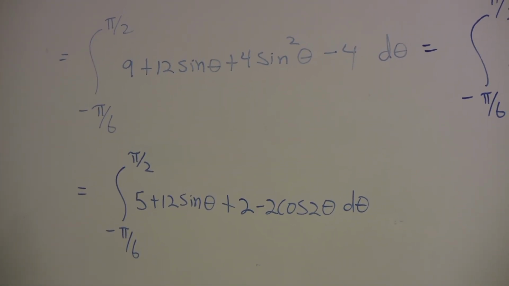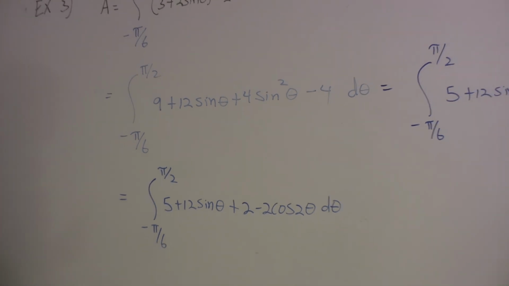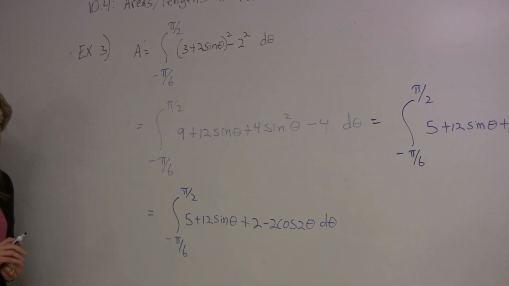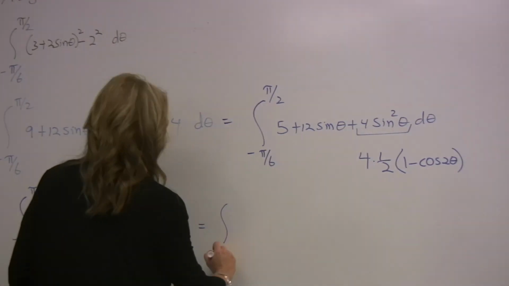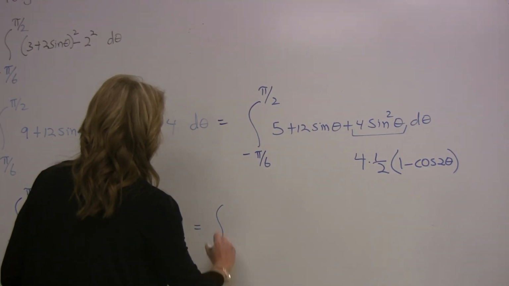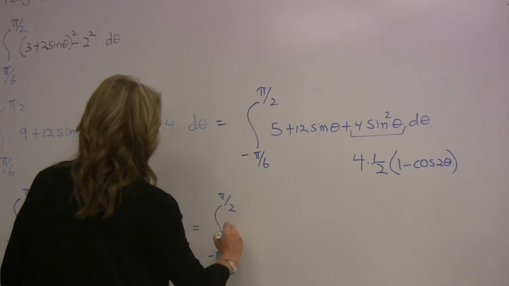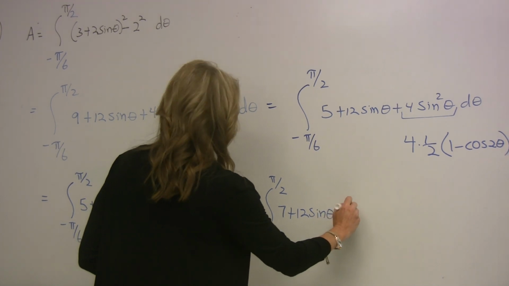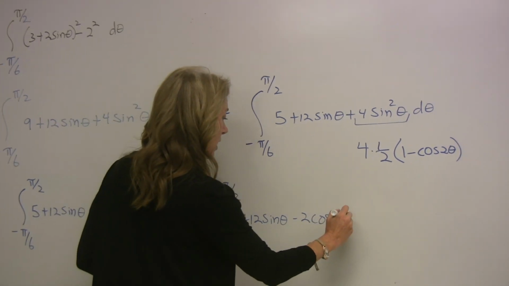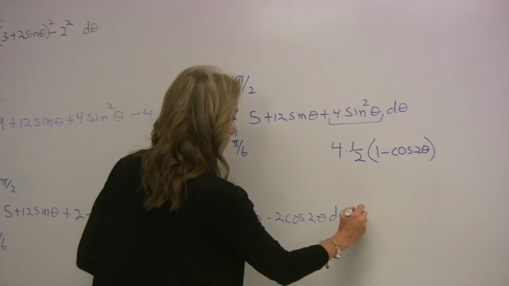Just simplifying so we can get to the integration part. And then I'm going to combine the 5 and the 2. So from -π/6 to π/2, 7 plus 12 sine theta minus 2 cosine 2 theta, d theta.